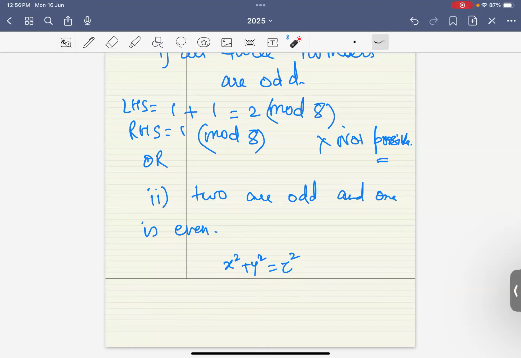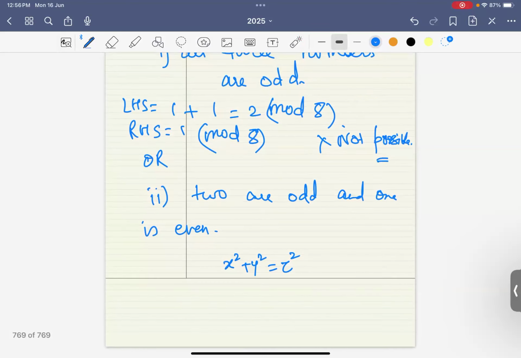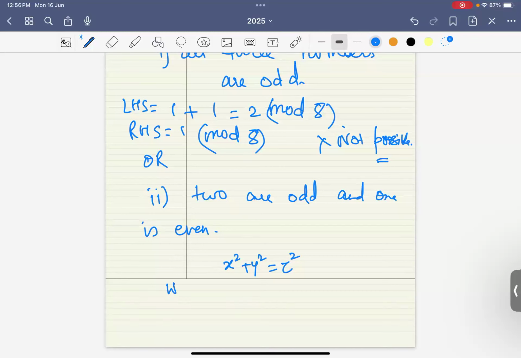So, all right, now that we have established that exactly one number on the left-hand side is odd and exactly one of them is even, let me say that without loss of generality, say that x is even, and y and z are odd.